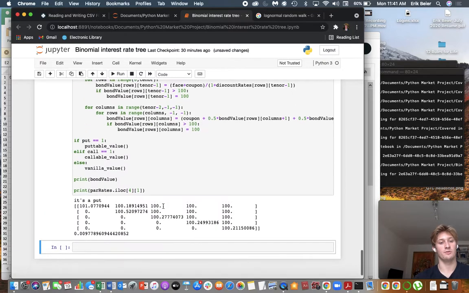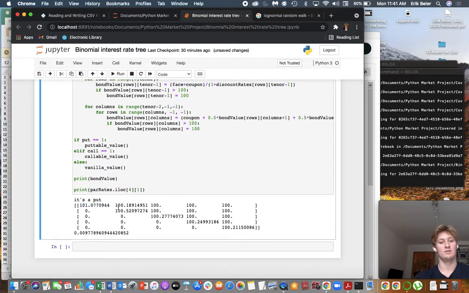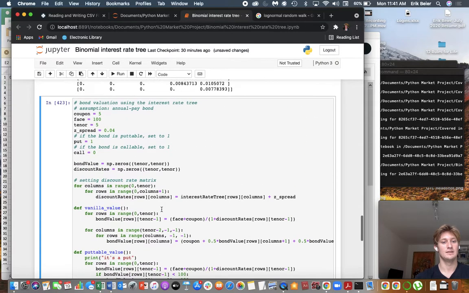Let's lower the spread to 400 basis points. Now we can see that if rates rise high enough, these are the higher rates, we're anticipating a put of the bond. Now let's say 450 bps, and let's say it's a call.